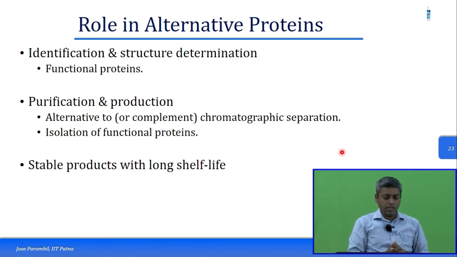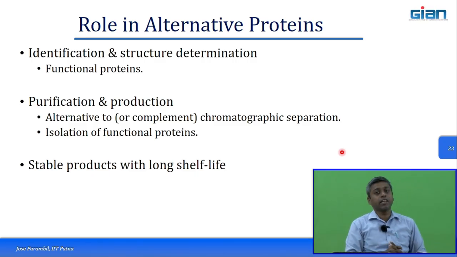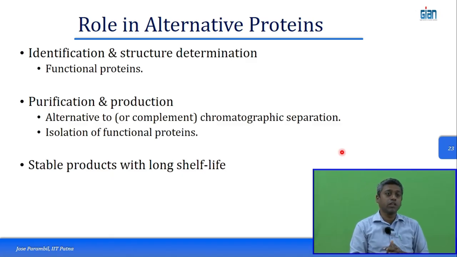It can be challenging, but this is an area worth looking at for future developments, especially when you are looking at products which want a long shelf life or much more purity, rather than only the crude extract. If you can purify it, of course your market value also increases. So in that sense, it can be used.